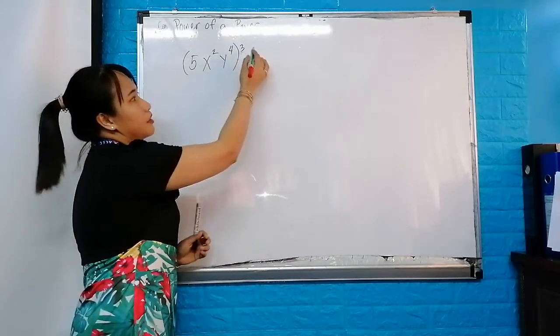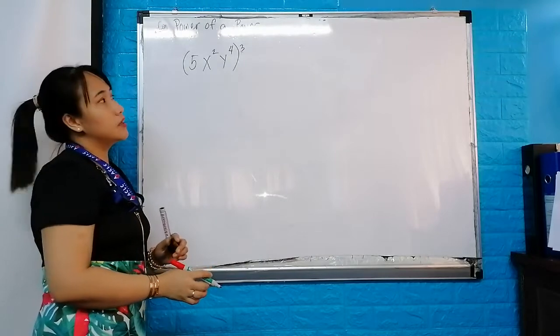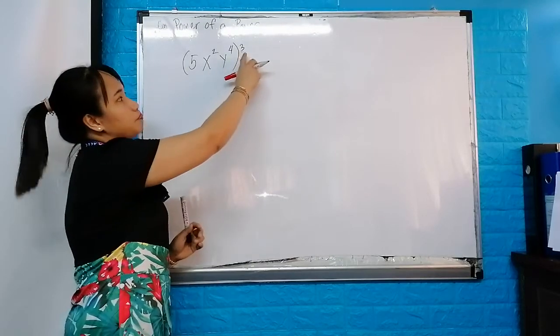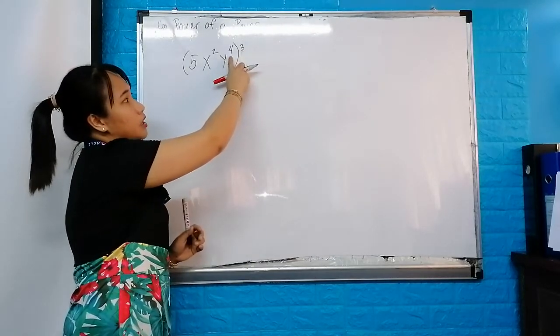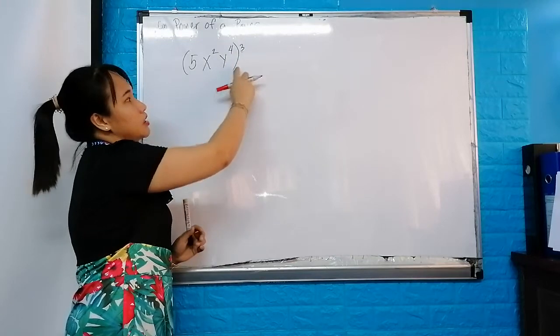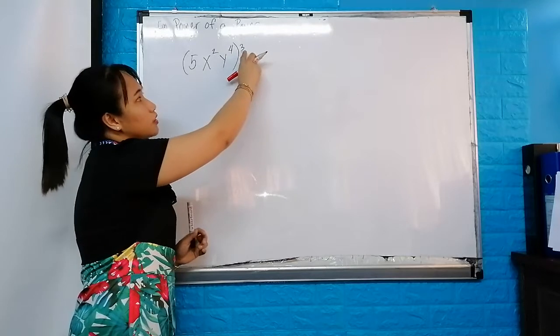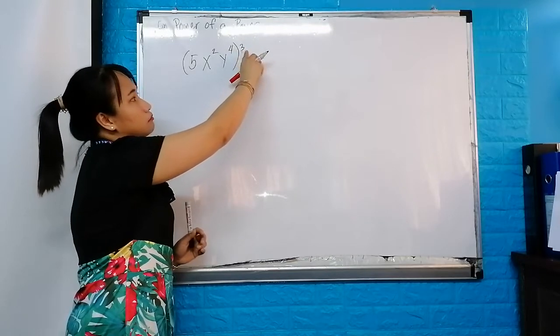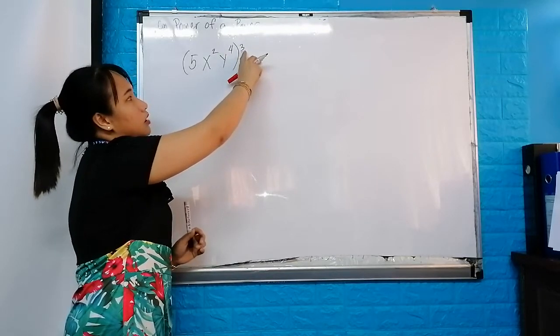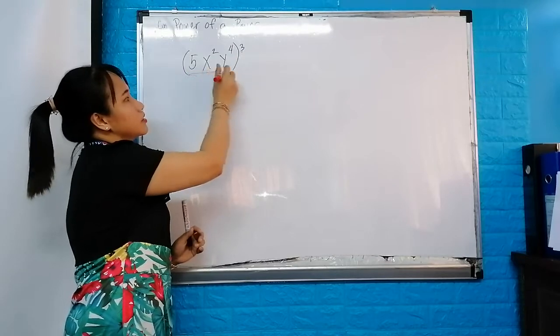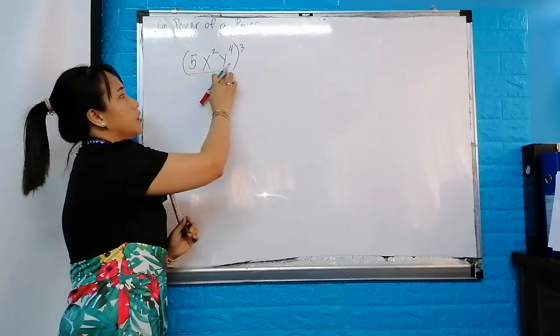You have the cube, right? It's the power of a power because we have a power outside the parenthesis, the open and close parenthesis. That means we're going to execute the third power of the whole term.